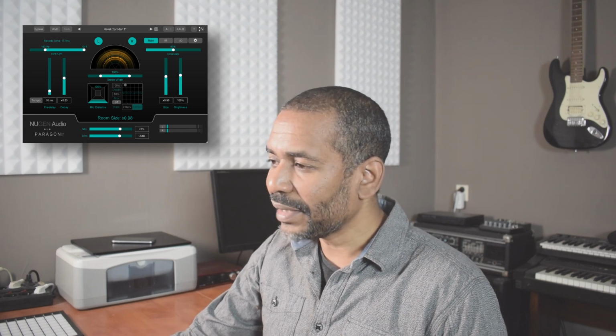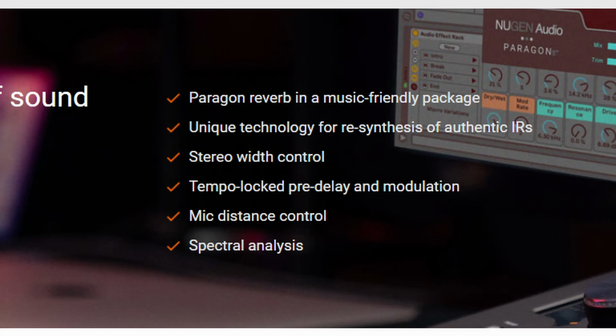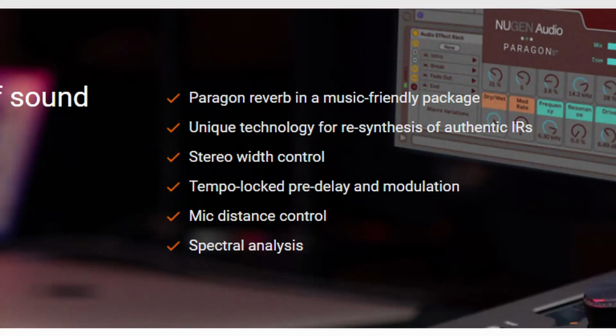Now let's take a look at some of the features they mention on the website. Paragon Reverb in a music-friendly package, unique technology for resynthesis of authentic IRs, so impulse responses, stereo width control, tempo locked pre-delay and modulation, mic distance control, spectral analysis. Bottom line, this is a really high-end convolution reverb, and I'm very impressed with the technology behind Paragon and Paragon ST. Okay, moving on.